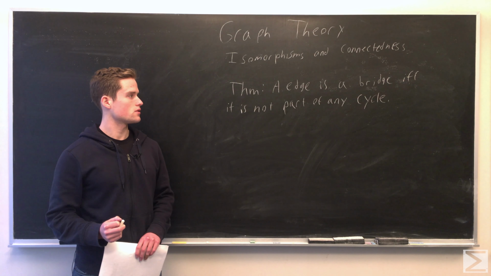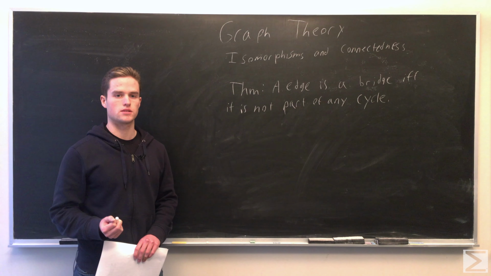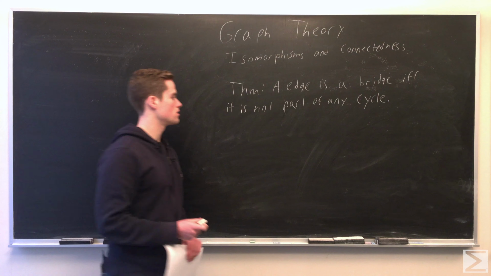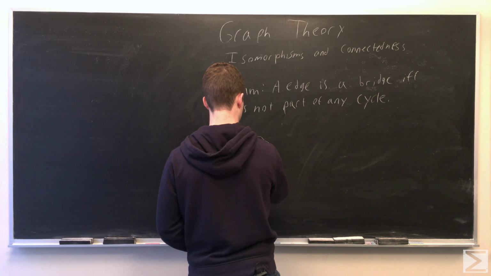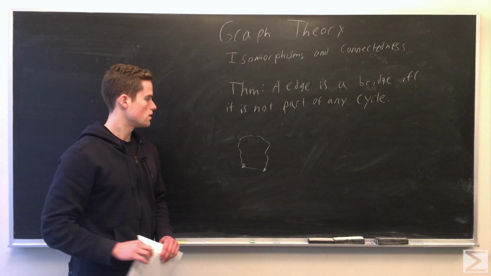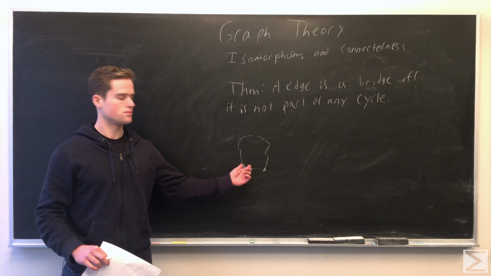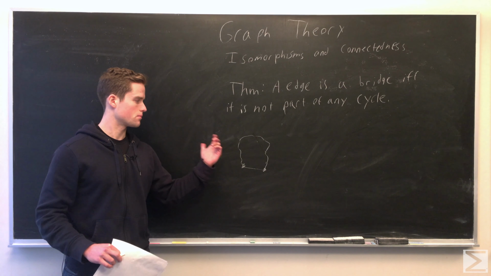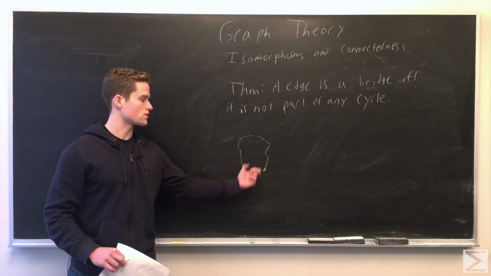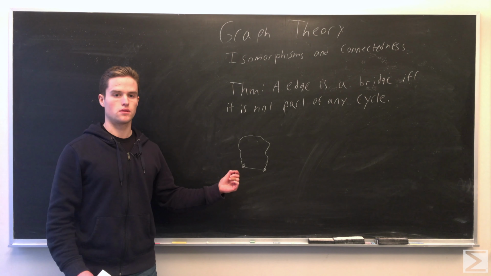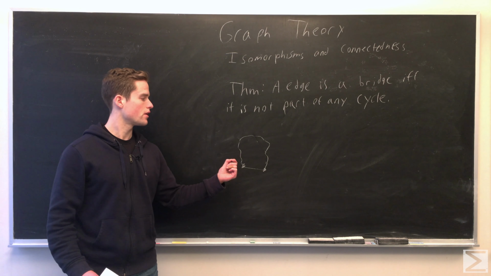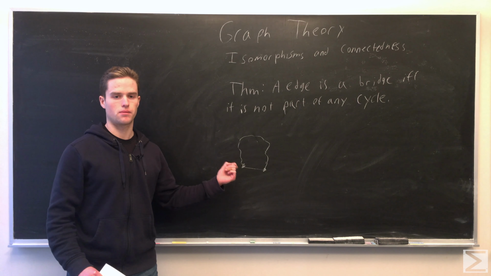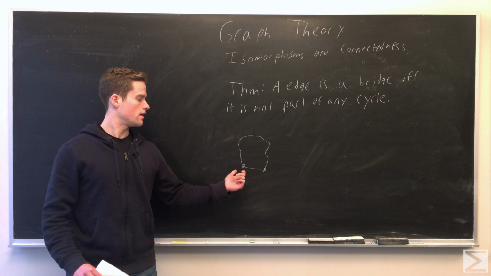First, let's assume we have an edge that is part of a cycle. So we have two vertices in a graph that are part of a cycle, and we assume our graph is connected. Between any two vertices, we have some path, A0, A1, up to An.